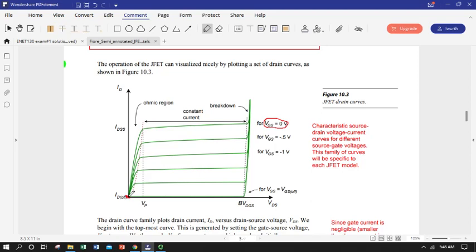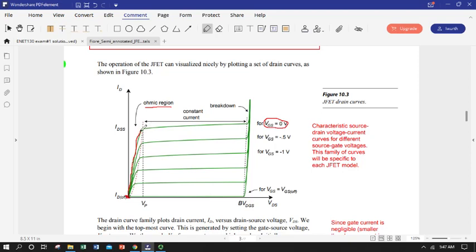But as I start to apply more voltage between the source and the drain, my current coming out of the drain rises almost linearly, like a resistor. It goes up, and because it's linear, like a resistor, it's called, not surprisingly, the ohmic region. So for small applied drain source voltages, a JFET is going to behave a bit like a resistor.